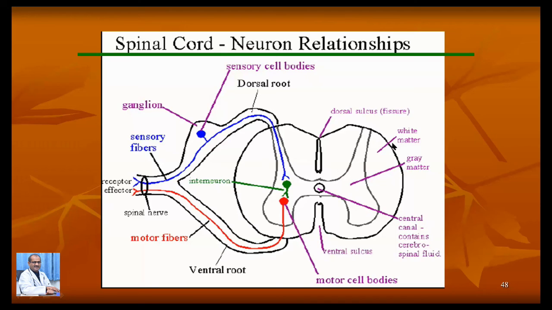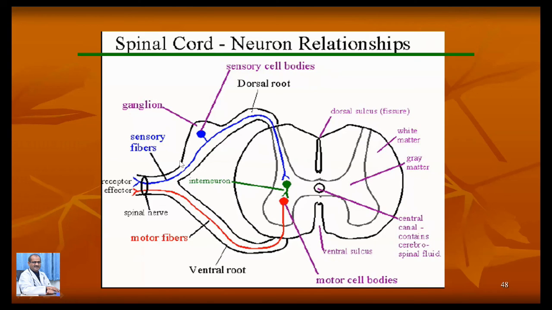This one is the white matter, whereas the gray matter is where the nerves arise, and the central canal contains the cerebrospinal fluid. In this space the CSF is accumulated, and this one is the interneuron in between the sensory and motor fibers.